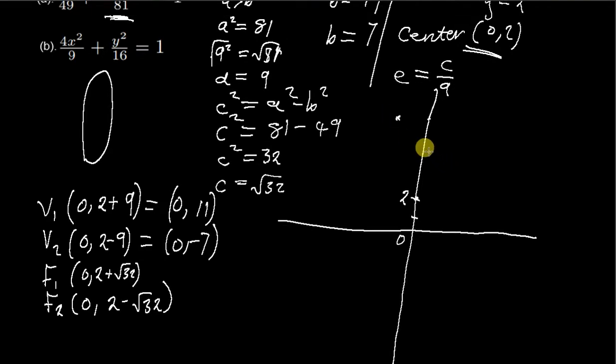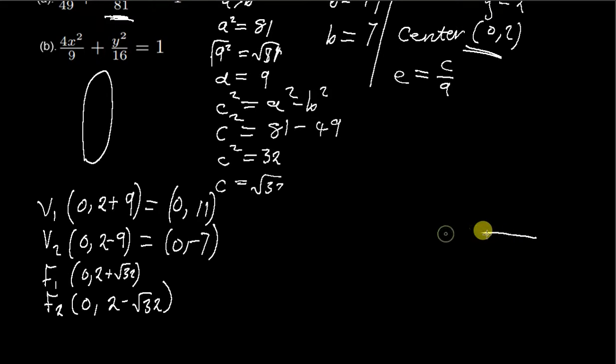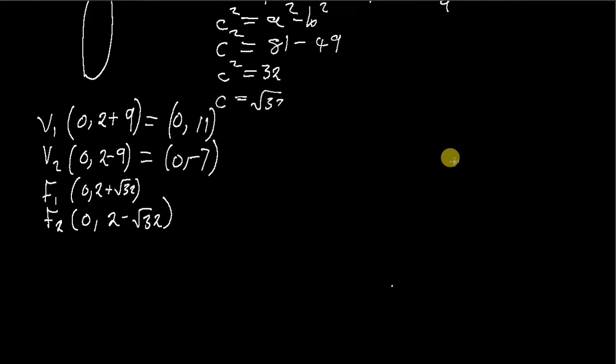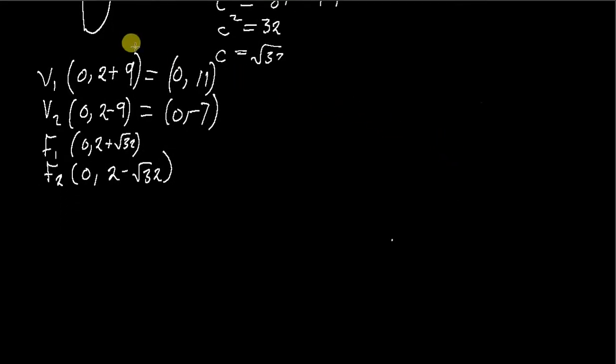Okay, maybe even before I do this, let me just create more space so that we sketch something that will be visible to everyone. Let me just write the center here. So the center we said is 0, 2.